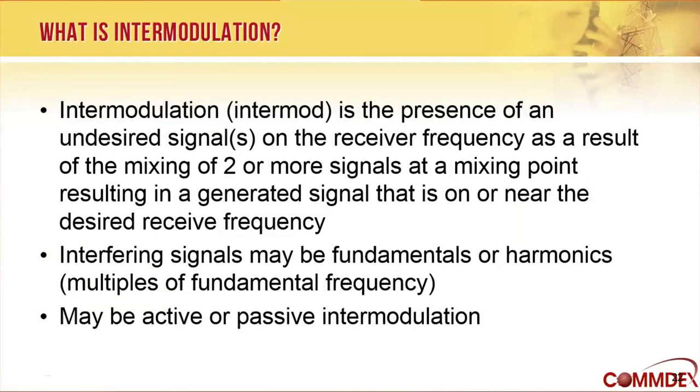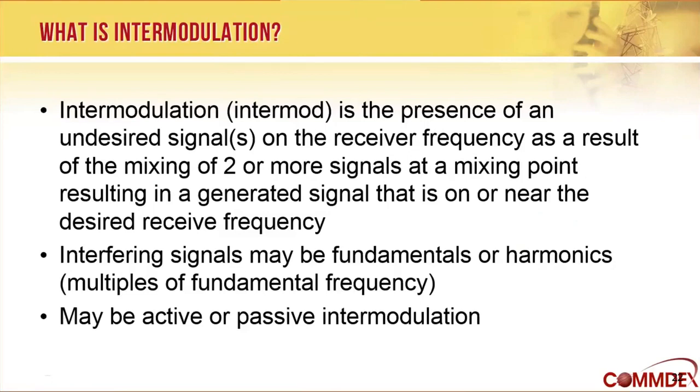It's the presence of an undesired signal on our receiver frequency as a result of two or more signals mixing together, resulting in a generated signal that is on or near the desired receive frequency. So we have to generate that signal. It doesn't occur naturally. So we have to have two or more transmitters which are on the air at the same time and have some place to mix together. And by mixing together in the right proportion, we'll generate a signal on our receive frequency.